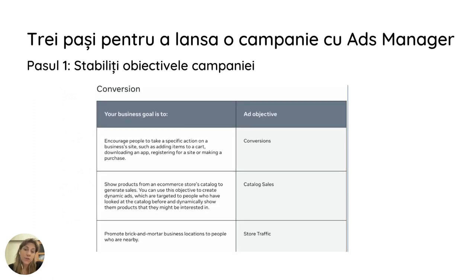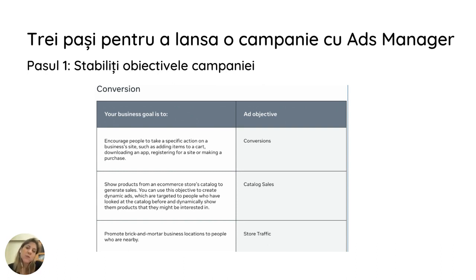Under conversion, you have 3 main objectives. Conversions, which helps Facebook find people who are interested in taking a specific action on a business site. So that could be either adding to cart, subscribing to your newsletter, making a purchase, or donating to your cause.